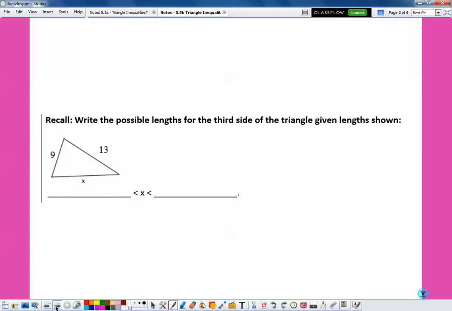So thinking back to our last lesson, write the possible lengths for the third side of the triangle given the lengths shown. So we know that x could be the longest side, or it could not be the longest side. If it's not the longest side, we know that it has to be bigger than 13 minus 9.